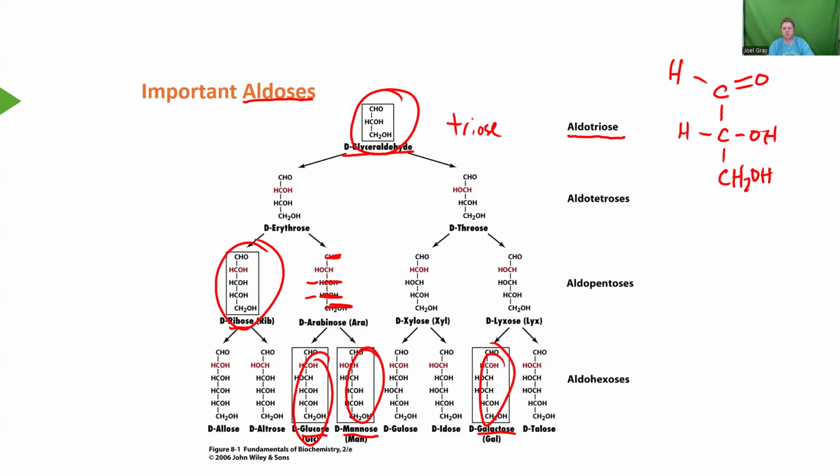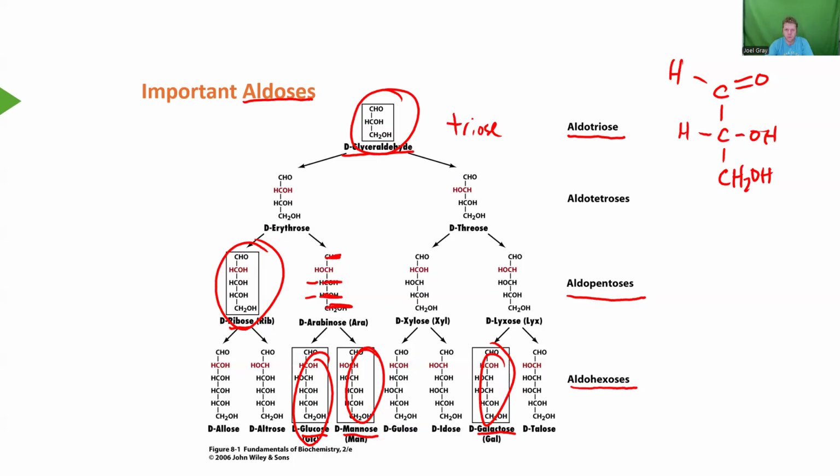Then you've got your aldopentoses. It's an aldehyde functional group, five carbons, and that OSE, it's a sugar. So this is a five carbon sugar with an aldehyde functional group. Then last but not least, we've got aldohexoses, aldehyde functional group, and it's a six carbon sugar.